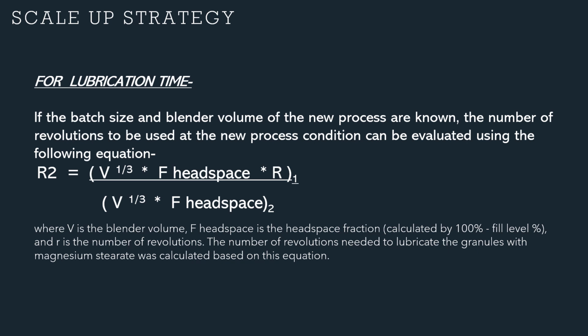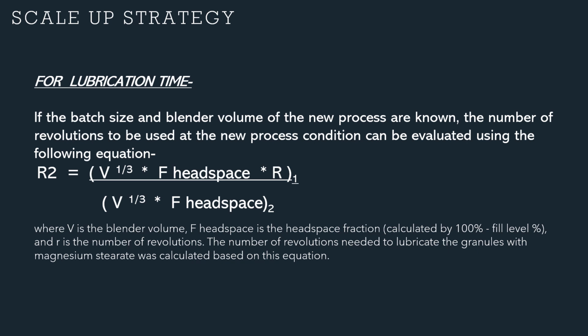So the batch size, generally we are aware of our pilot scale or pivotal scale batch size. We are aware of what blender we are going to use. So if we know the batch size of our scale up stage and the blender size of our scale up stage, the number of revolutions or the time of mixing can be calculated by using this equation.